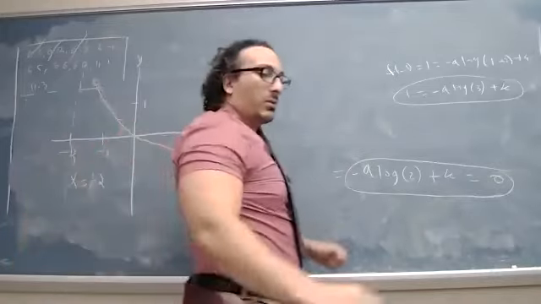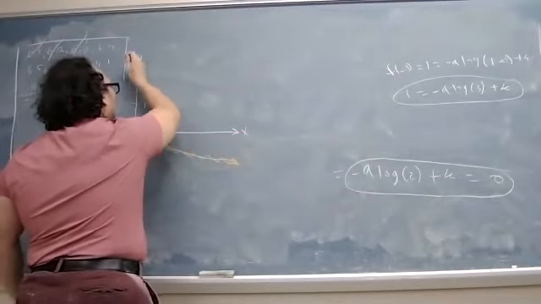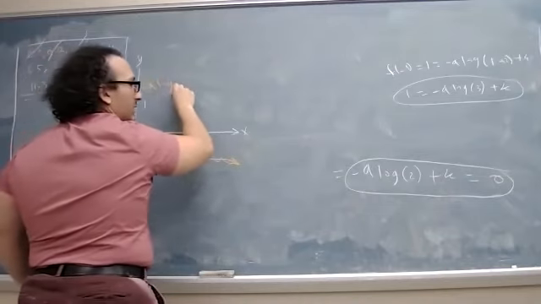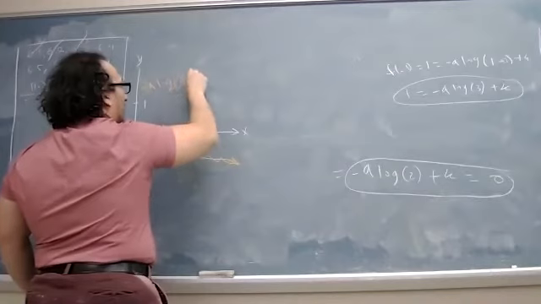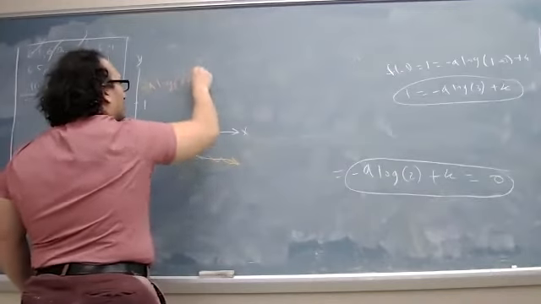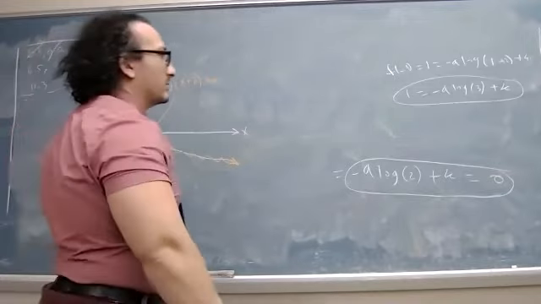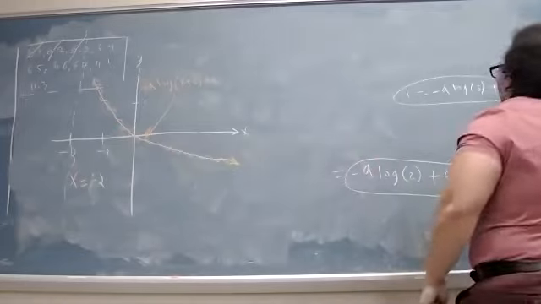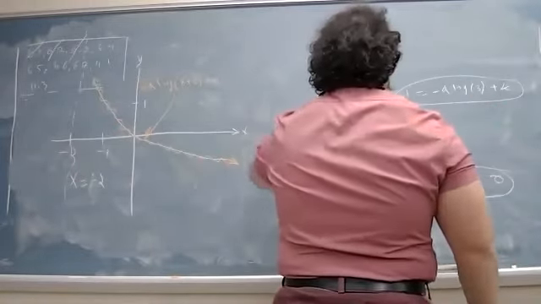Our function in orange is -a log base 10, so the common log, of x plus 2 plus k. All right. So let's take this right here.